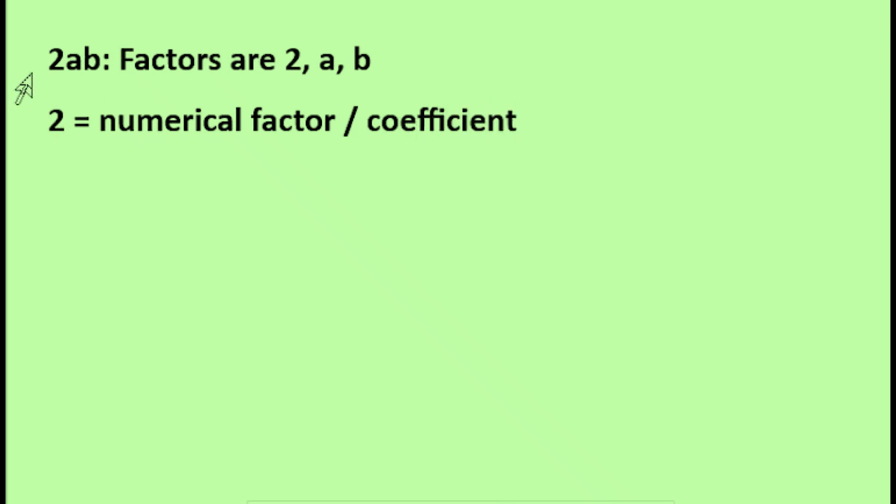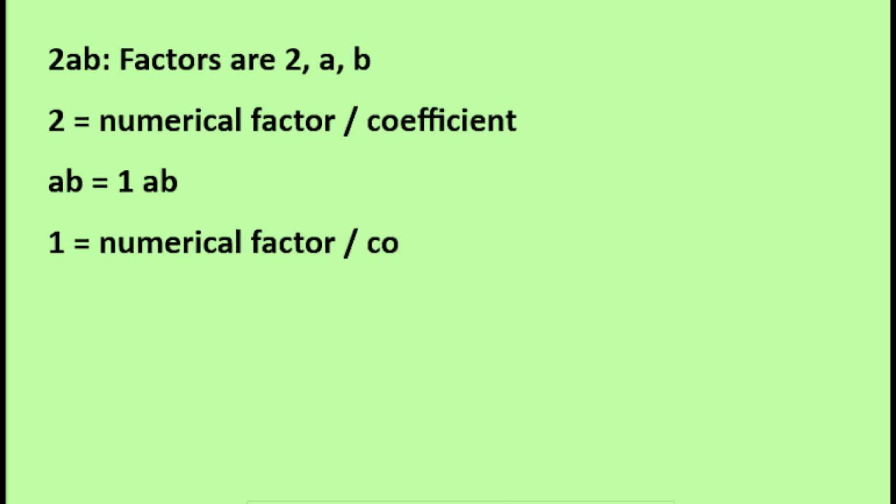If it is only AB, that means it is equal to 1 AB. So 1 will be called the numerical factor or coefficient. The number at the beginning, you don't write A to B or AB to.